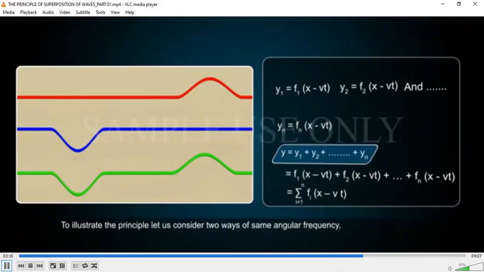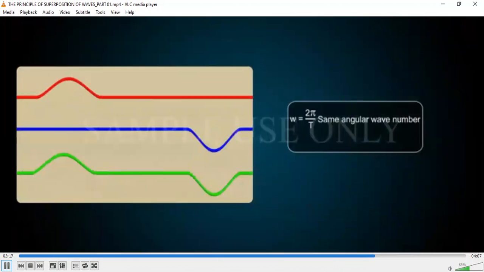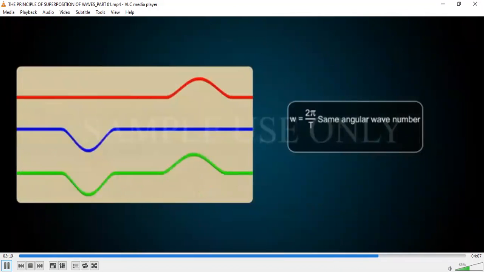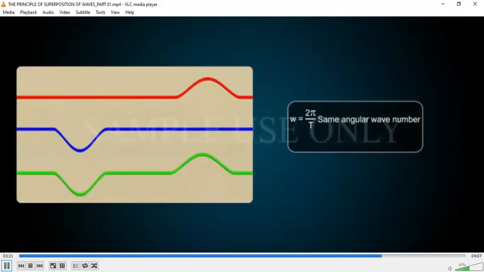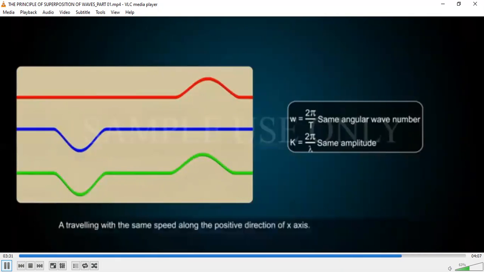To illustrate the principle, let us consider two waves of the same angular frequency, omega equals 2 pi by T, the same angular wave number, k equals 2 pi by lambda, and the same amplitude, traveling with the same speed along the positive direction of the x-axis.